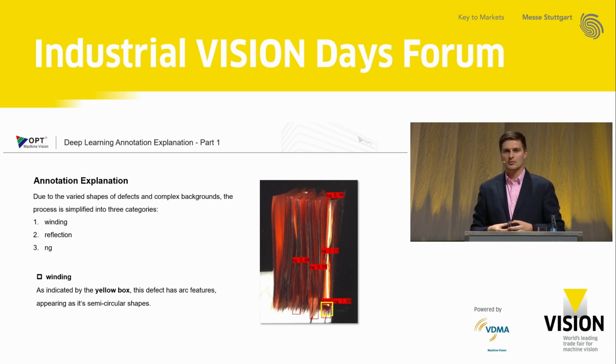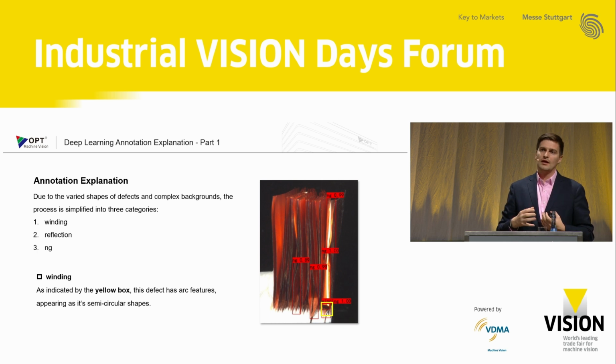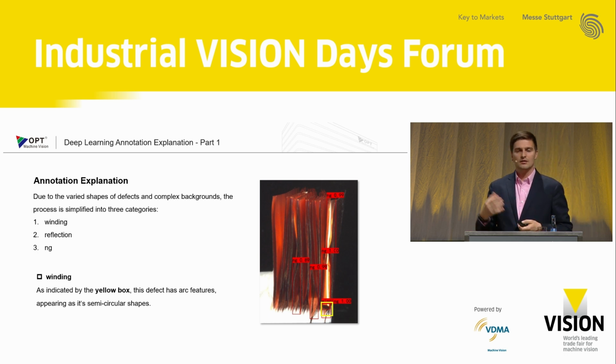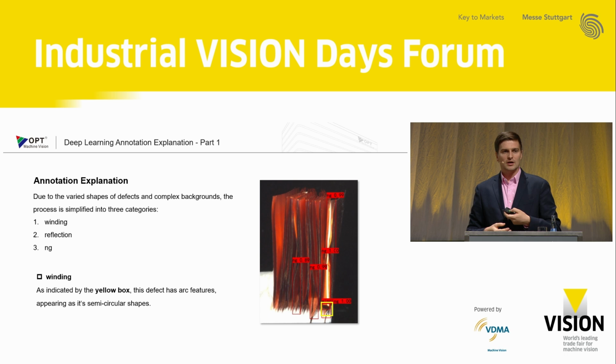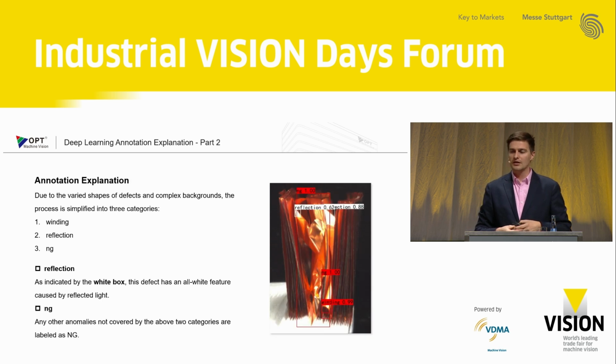We have the anomaly detection in the base with 3 classes. We have the winding, which would be good. We have the reflections, which would be okay, and we have the NG. So, for example, a winding is located now on the right-hand side at the lower point, where you see, okay, there it is. And due to the fact that the model is trained, it is workable. But then we also have different applications.